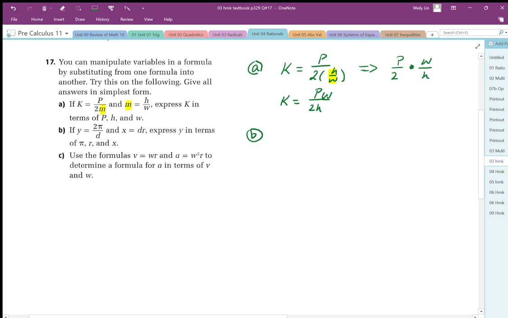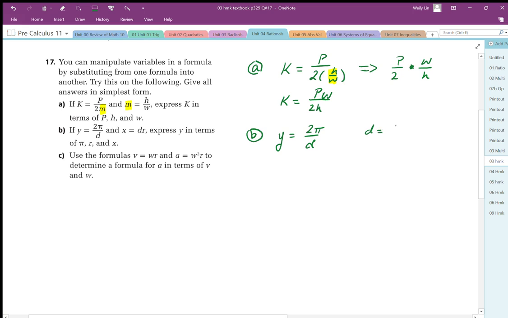For B, we have y equals 2 pi over d, x equals dr. We want to express y in terms of pi, r, and x. That means we need to get rid of the d. Okay, so I'm going to start again with the expression y equals 2 pi over d, and the x equals dr, I'm going to rearrange that expression to equal d.